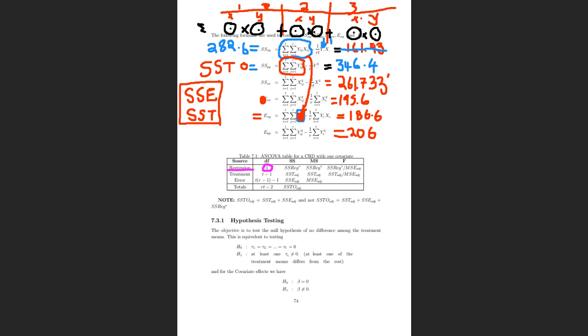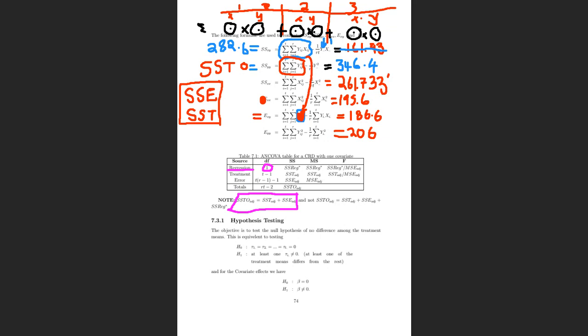And now the last part, to avoid making mistakes, guys, this is very, very important. SS adjusted is equal to SST adjusted plus SSE adjusted.